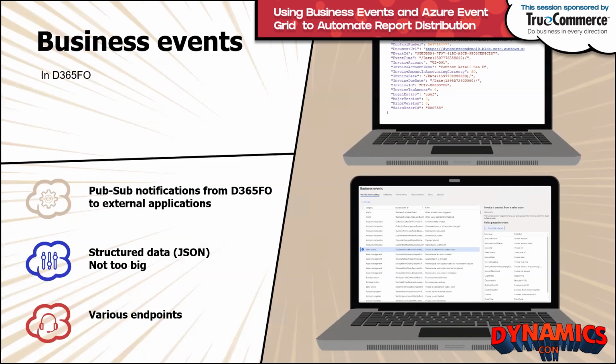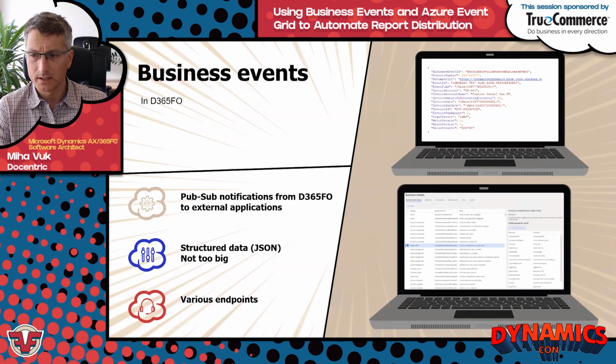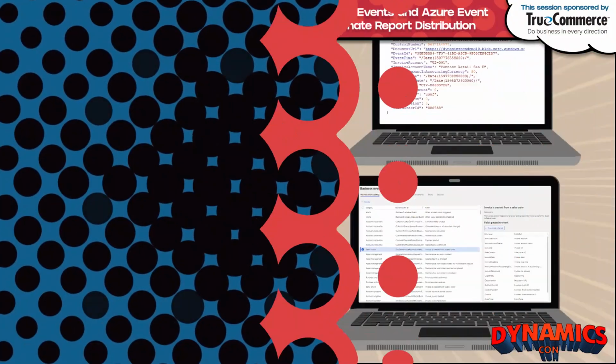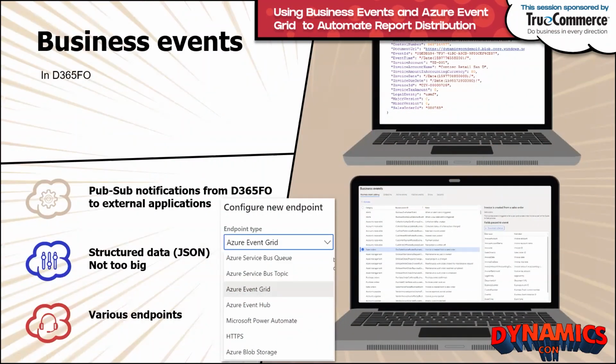On the upper right picture, you can see the sample event content. You subscribe an external application to an event through an endpoint. Several endpoint technologies are supported. Today we will focus on Azure Event Grid, but you can also use the others. Business events are a simple publish-subscribe system managed inside finance and operations, which offers reliable delivery but misses the filtering and monitoring features. The picture in the upper right shows the JSON payload of a business event.